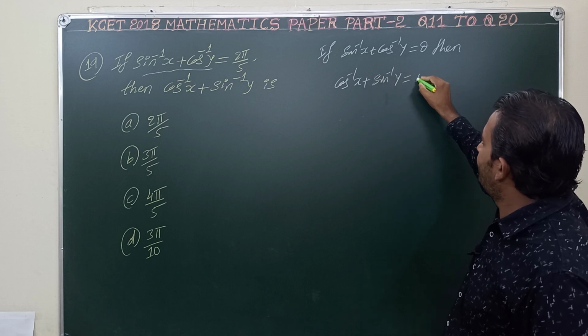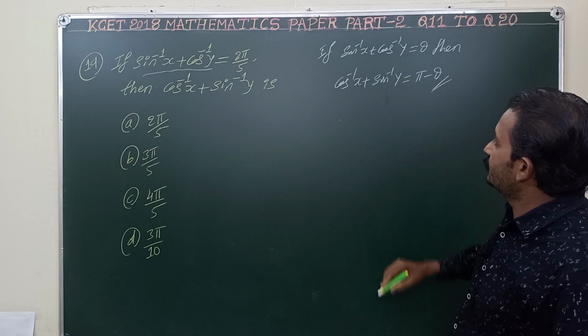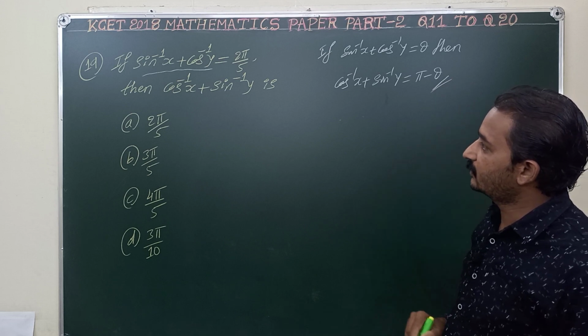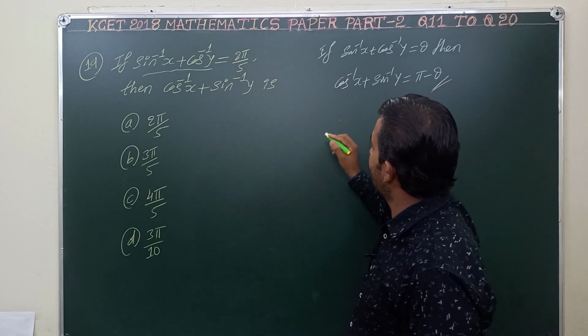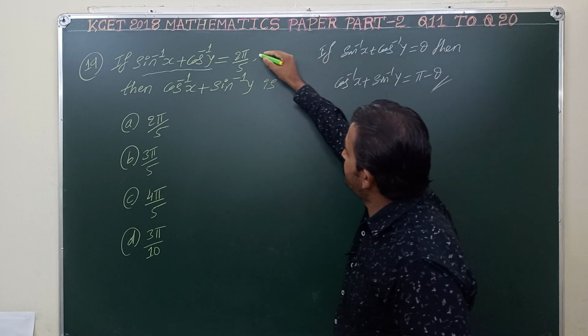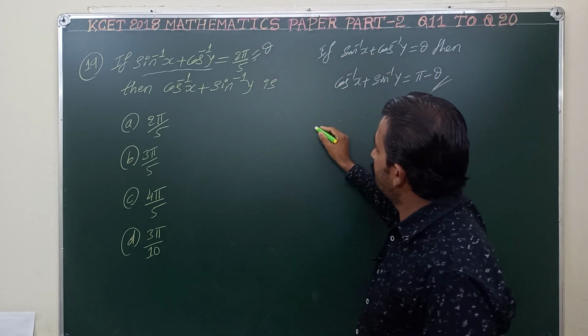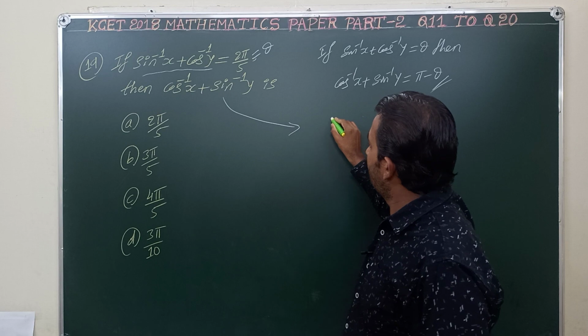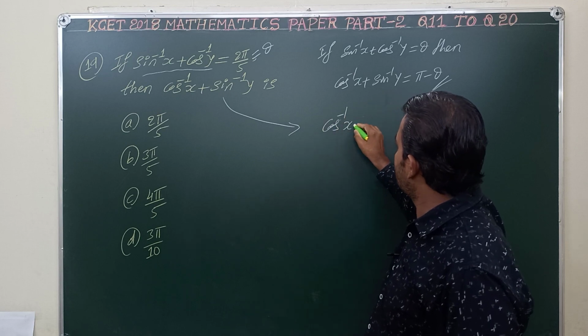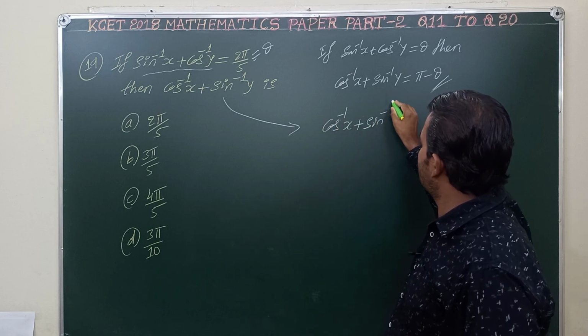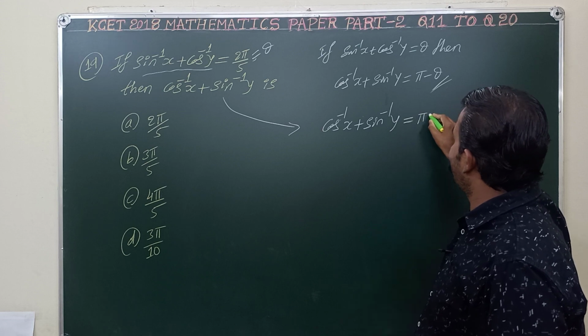Directly we can write pi minus theta. So using this shortcut method, we can directly find the value of cos inverse x plus sin inverse y, which is pi minus theta.